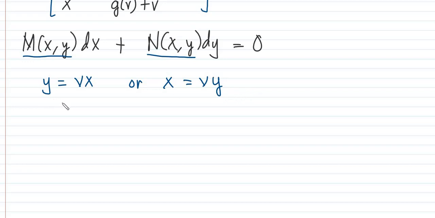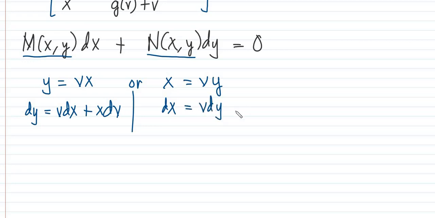Keep in mind, if I use y is equal to vx, I should also use dy is equal to v dx plus x dv. If I use x is equal to vy, I should also use dx is equal to v dy plus y dv.